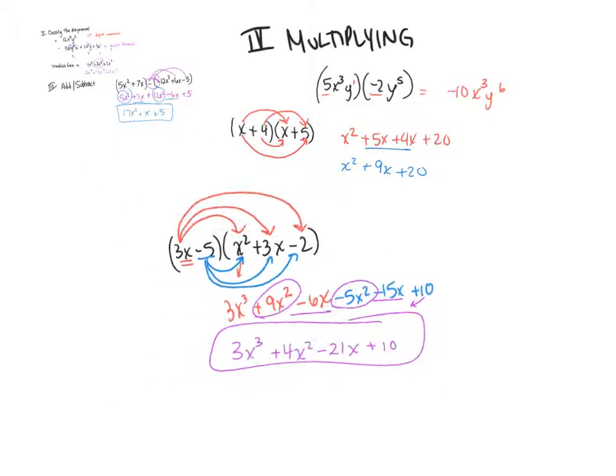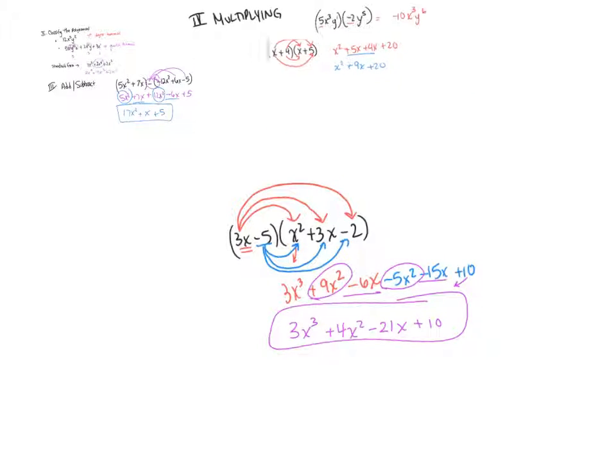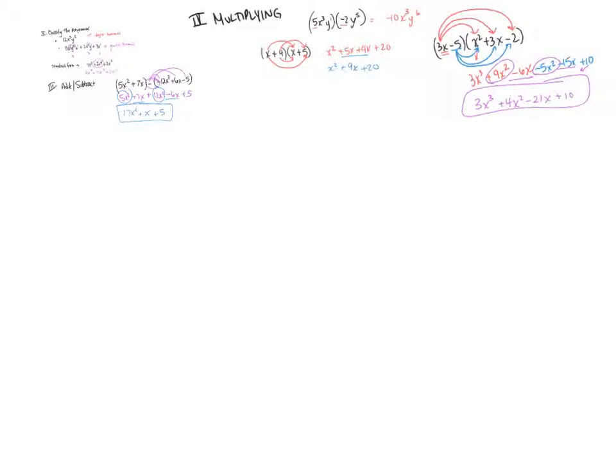Similarly, if you have special case scenarios, you're welcome to either follow the rules that you could have memorized or always, when in doubt, write it out. So if I was to ask you to multiply 2x minus 3 squared, hopefully you understand that this is the same thing as 2x minus 3 times 2x minus 3.